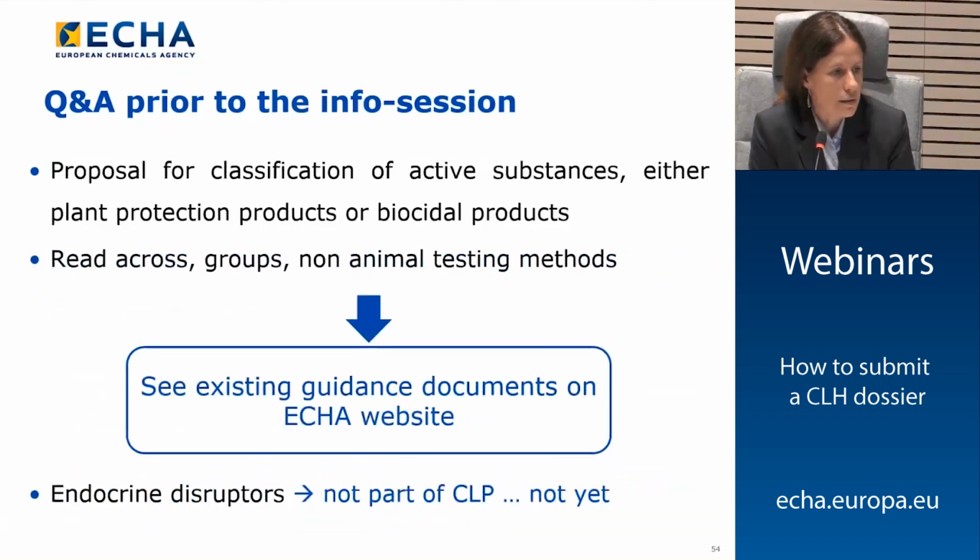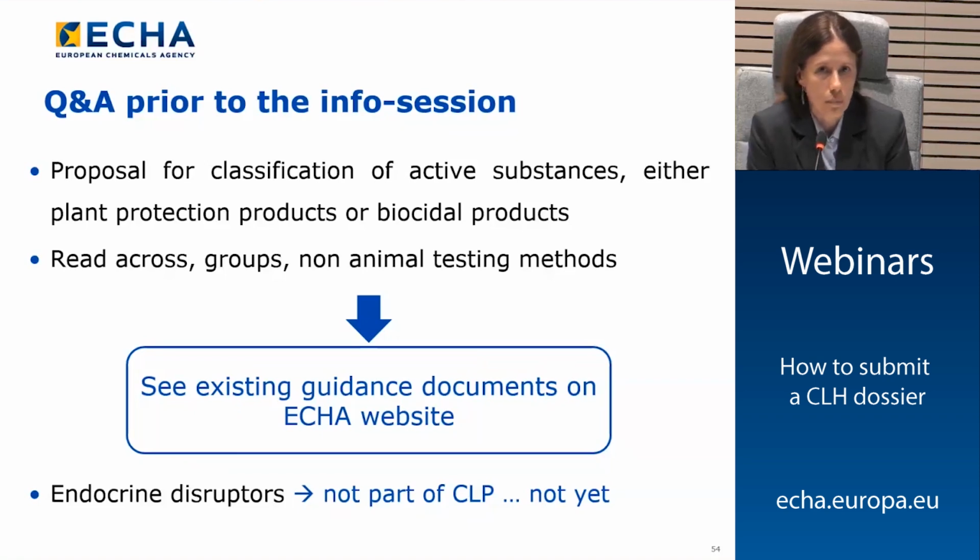Also last, were some questions about classification of active substances, either for plant protection product or biocide product. And we see also from the questions arriving that this CAR and DAR has an interest. And what about read-across, grouping, non-animal testing methods, how they are used in CLH.